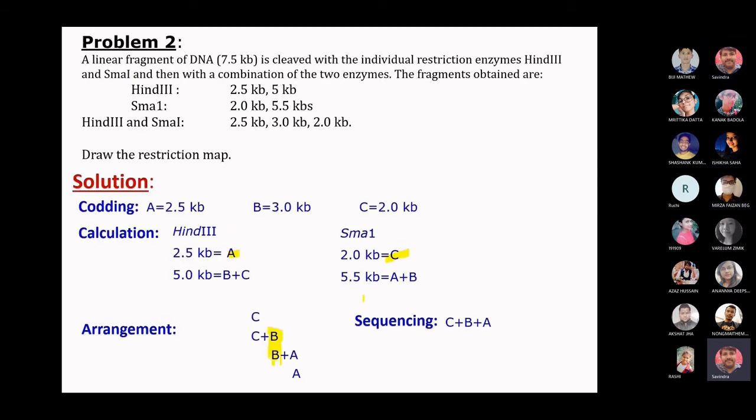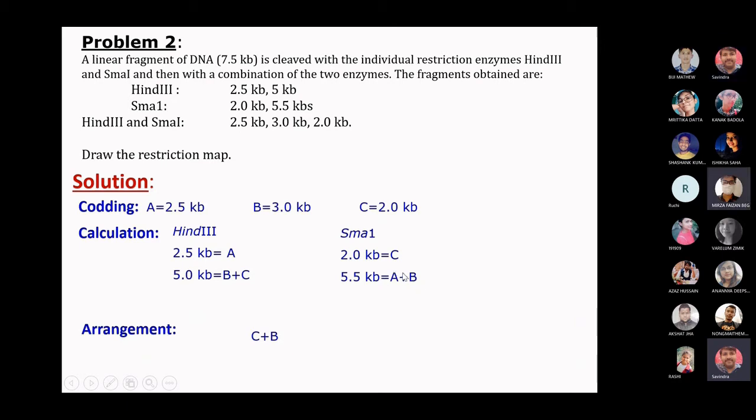Look at the arrangement, let's start from the very basics. While arranging, the first thing we will write is at least a combination. You can write anything, tell me what to write. B plus C, or C plus B. Okay. Then you will see a fragment which also has B. Which other fragment has B? This one, yes or no?